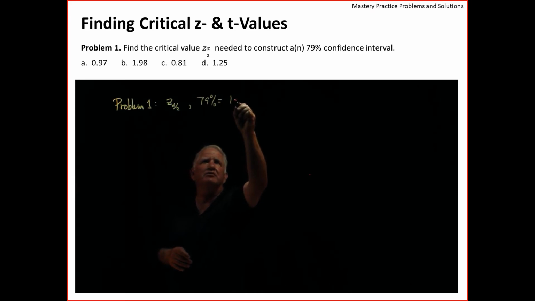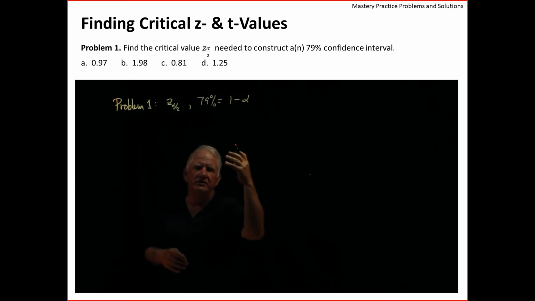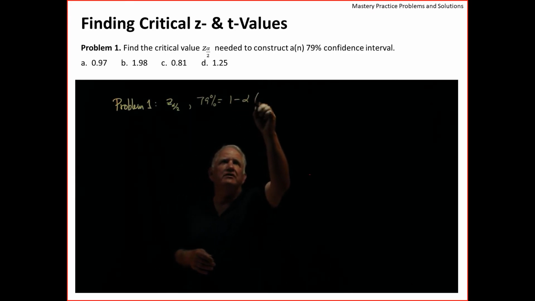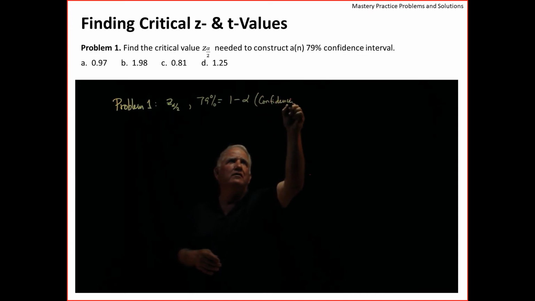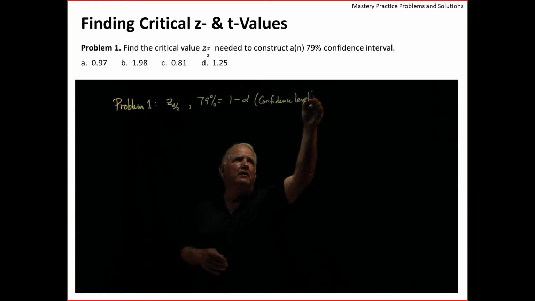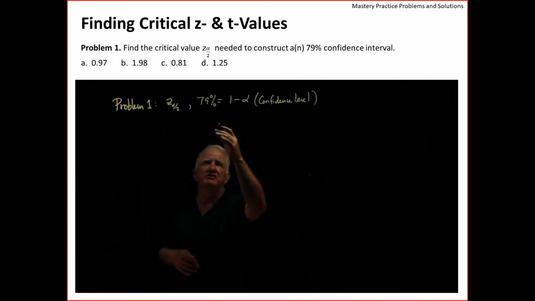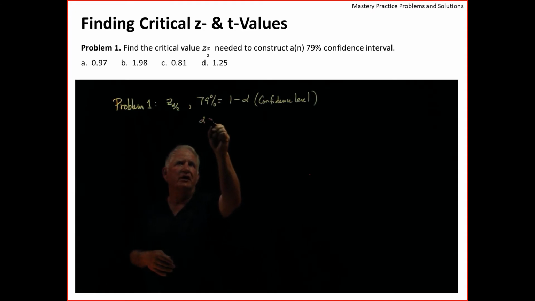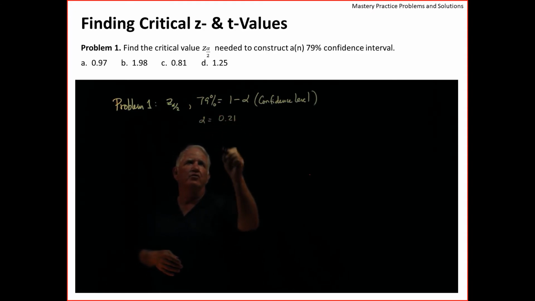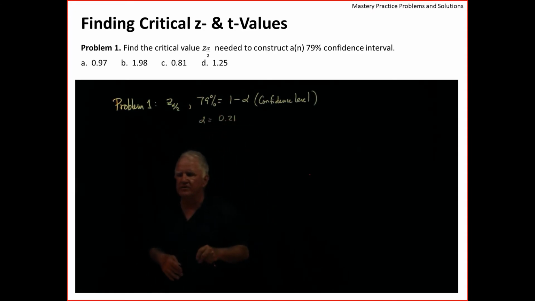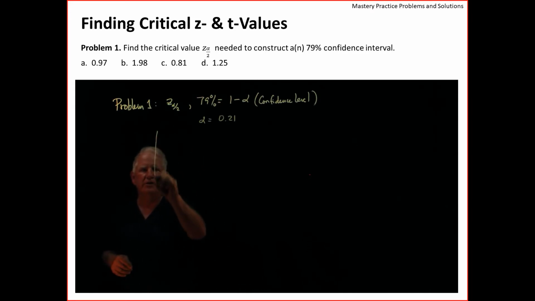The 79% confidence level is denoted as 1 minus alpha. This is the confidence level. If 1 minus alpha is 79%, then alpha is 0.21. You can just do that subtraction real quick. So let's see where that comes in.